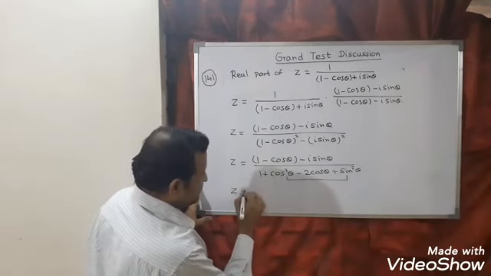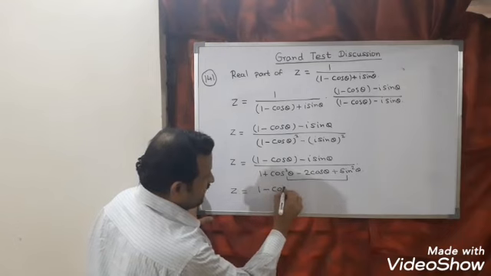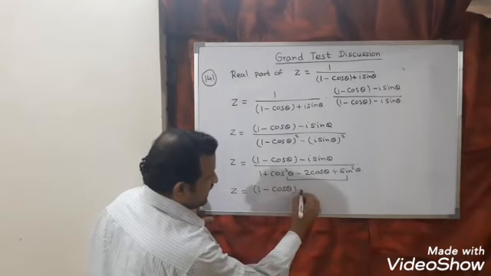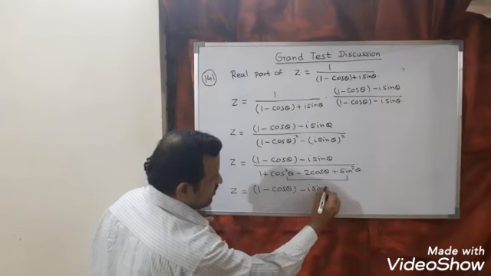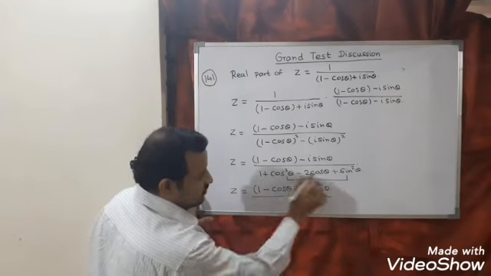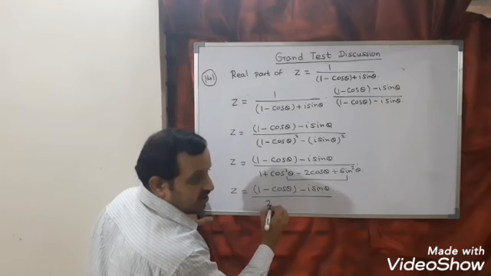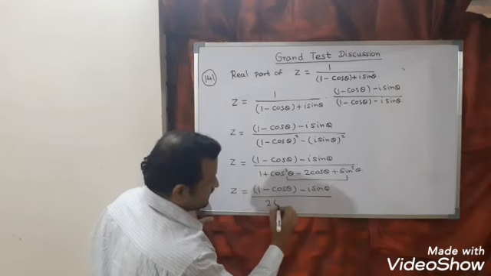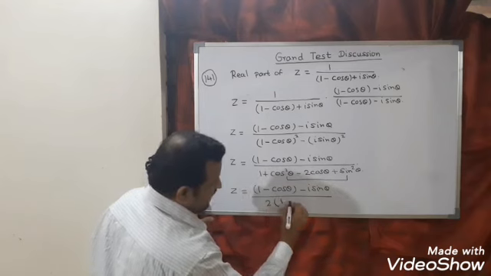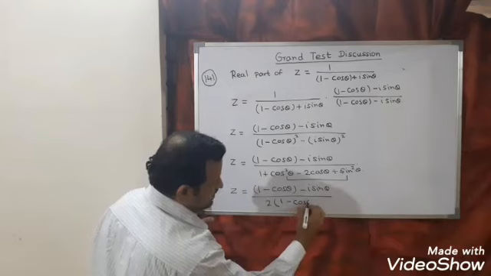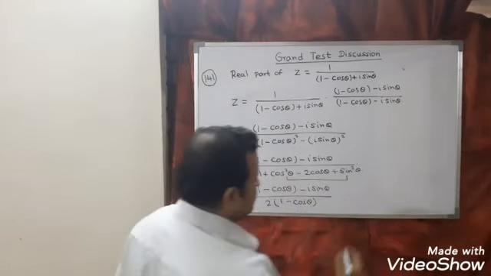So z is equal to 1 minus cos theta minus i sin theta, whole divided by 2, taking 2 common, 1 minus cos theta. Let us separate this.